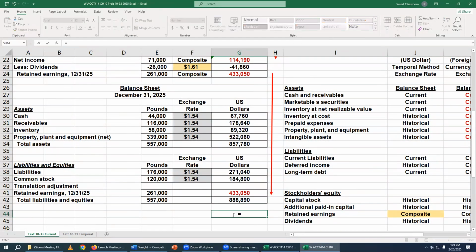All right, this one, minus. So the translation adjustment here, and again, notice that this is in the balance sheet. This is not on the income statement. So this would be a translation adjustment, probably called a comprehensive.